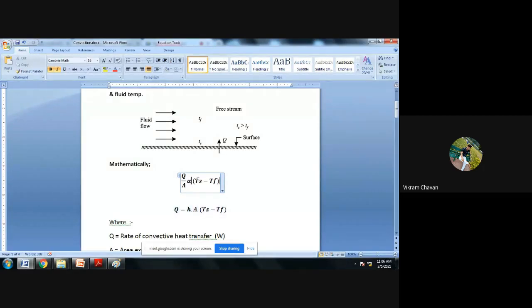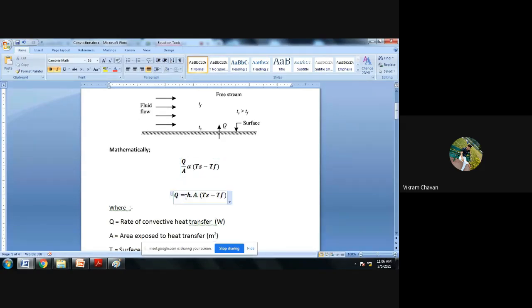Next, we have to normalize this proportionality sign. For that purpose we introduce one constant of proportionality, and we transfer this area capital A to this side, so that we get the equation in the form of a heat transfer rate.